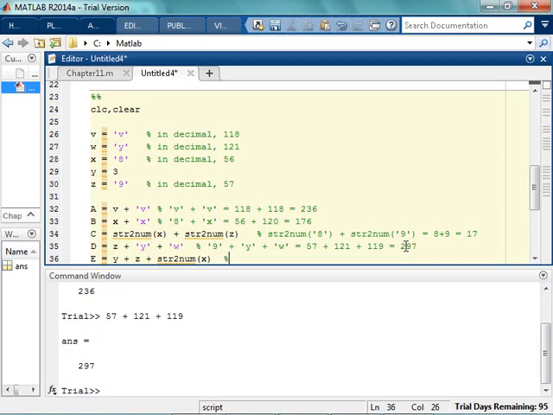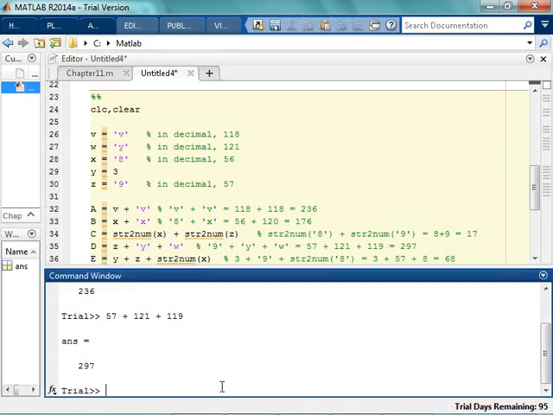And then I have y, which is 3, plus z, which is 9, plus string to num x, which is 8. So I have 3 plus 9, which is 57, plus string to num 8. Whatever that is, I'm going to guess it's 68. Feels weird. Yes, it's 68.